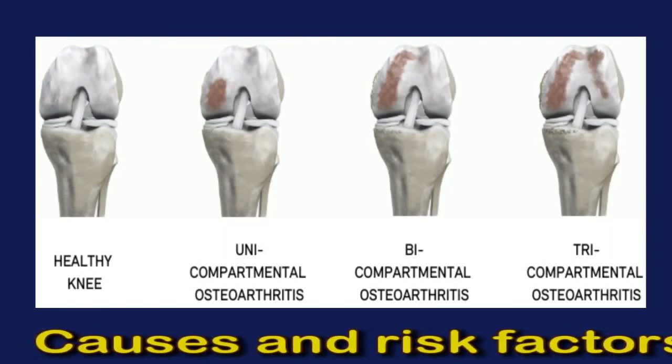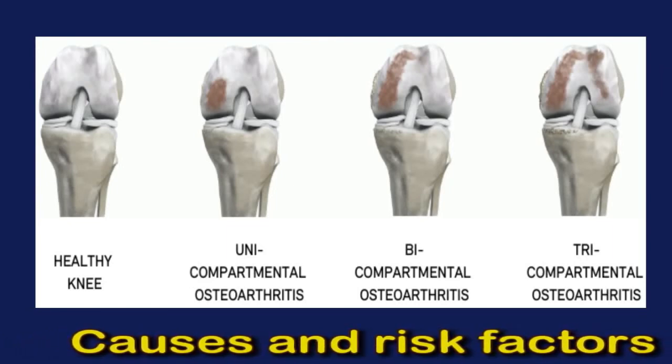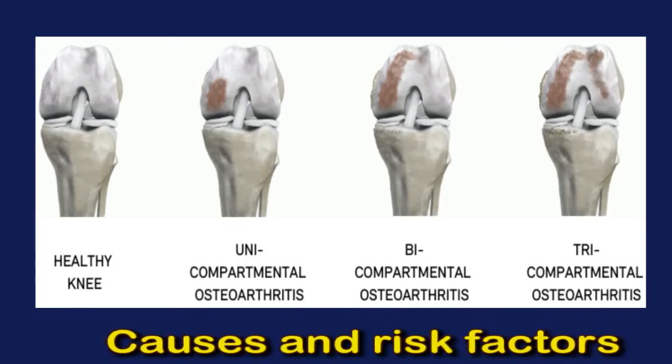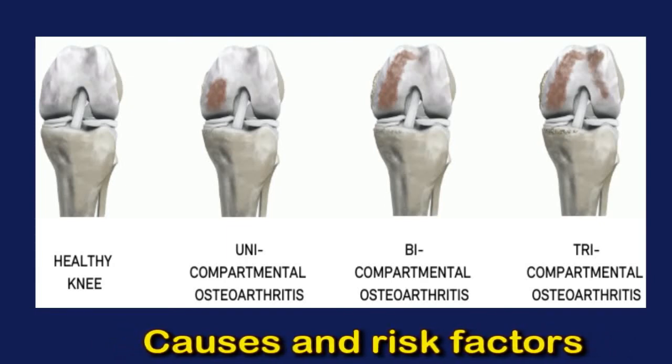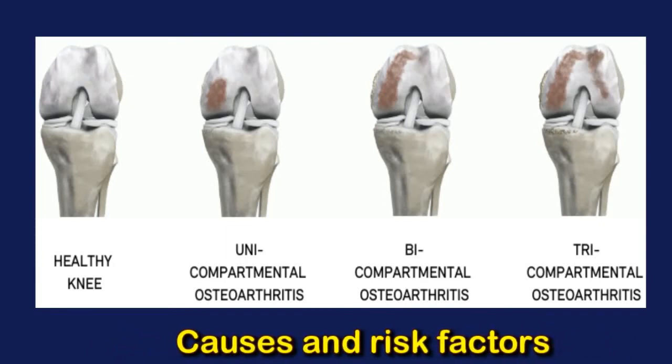Obesity. Carrying extra weight can be hard on the joints, especially on the hips and knees, which are stress bearing joints. Weight loss may help reduce the impact on the joints and reduce symptoms.